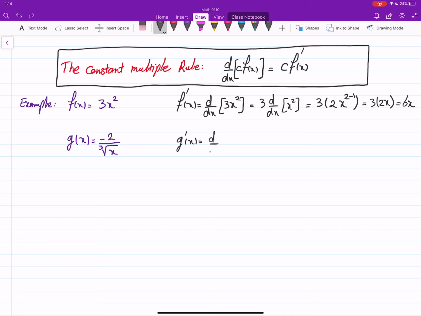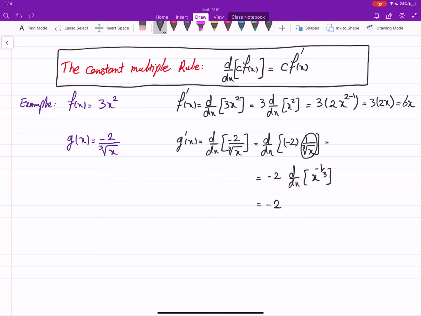This is d dx of negative 2 over the third root of x, which is the same thing as negative 2 times 1 over the third root of x. The negative 2 comes out; this is the constant multiple rule. Negative 2 times d dx of 1 over the third root of x, which is the same thing as x to the power negative 1 over 3.